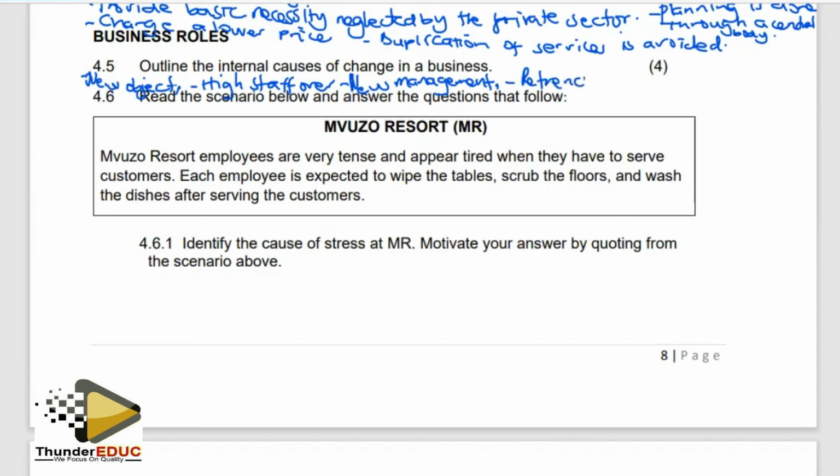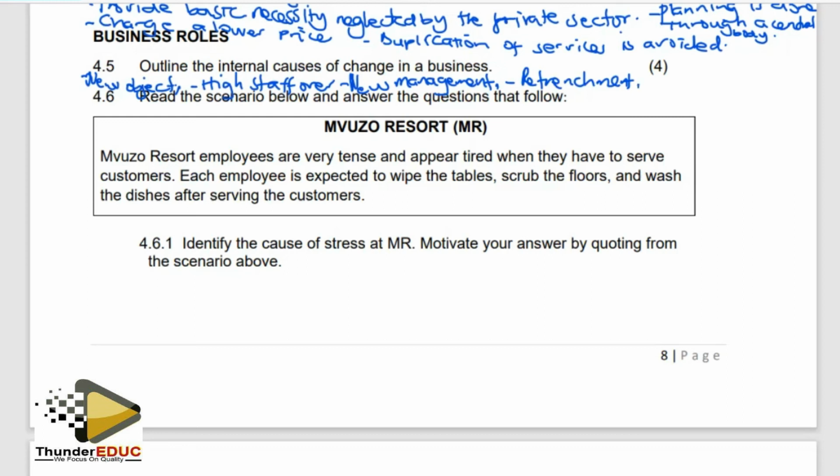When employees have been cut off from the job, certain employees are given more tasks. The total output could be reduced, and the amount of raw materials to be used could also be cut. There are so many reasons that could lead to change, of which retrenchment could be one.